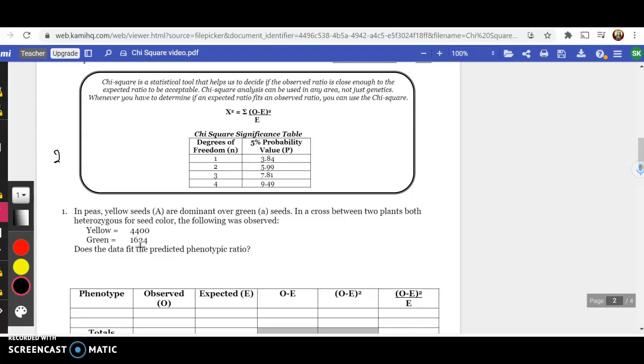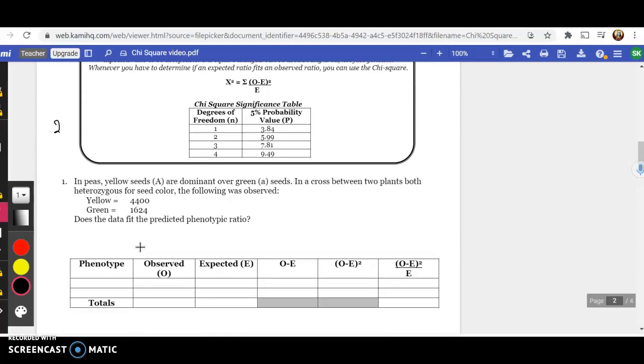So that's how we do that. I'm going to talk more in detail about how to run the chi-square for testing the hypothesis. But right now, let's go over this worksheet and see how we are going to prove if the observed values for the set of data are similar to or significantly different from the expected values.